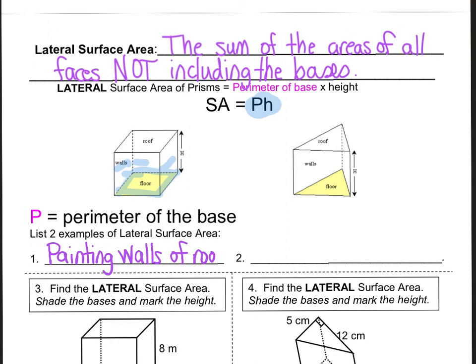Lateral surface area could also be like a grocery bag, let's say a paper sack, without the bottom. Just the walls of the paper sack.